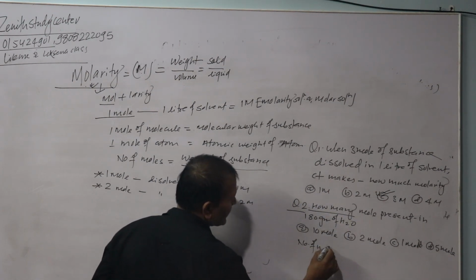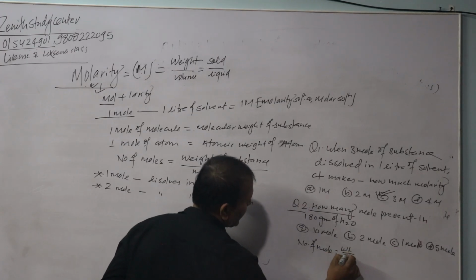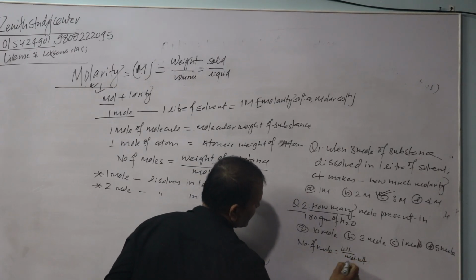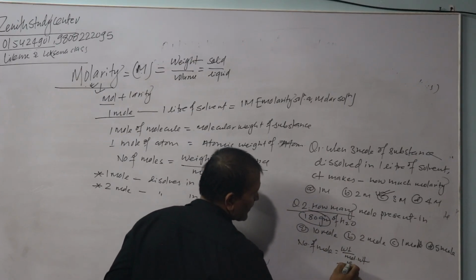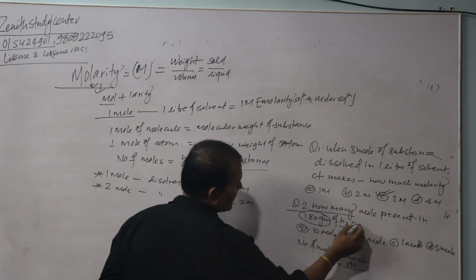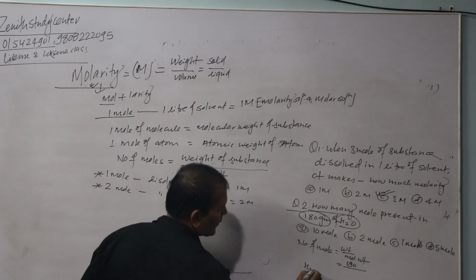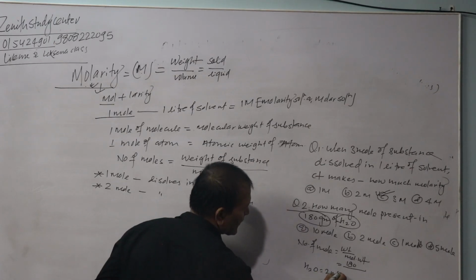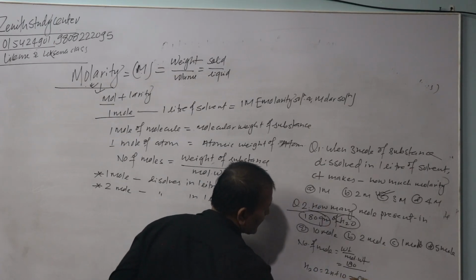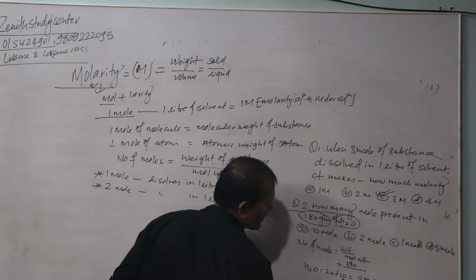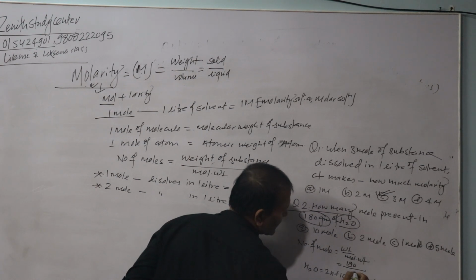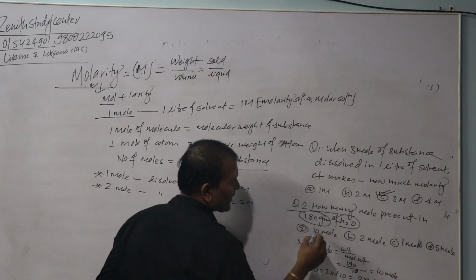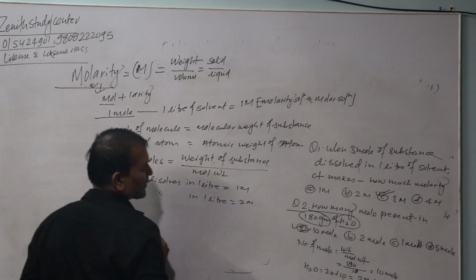The number of moles is equal to weight by molecular weight. The weight is 180. Now what is the molecular weight of H2O? H2O means 2 hydrogen and 1 oxygen: 2 into 1 plus 16, that is 18. So dividing by 18, we get 10 moles. So we take 10 moles.